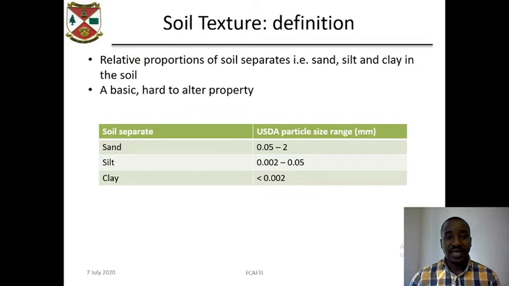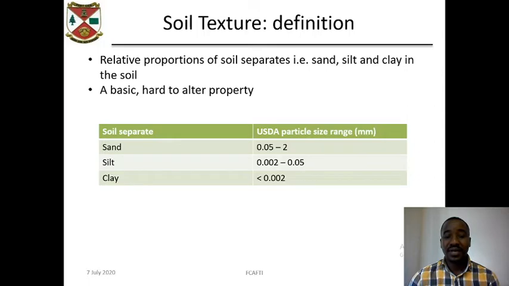Now, soil texture is made up of three soil particles, and these soil particles are sand, silt, and clay. These soil particles are differentiated amongst each other in terms of their size.